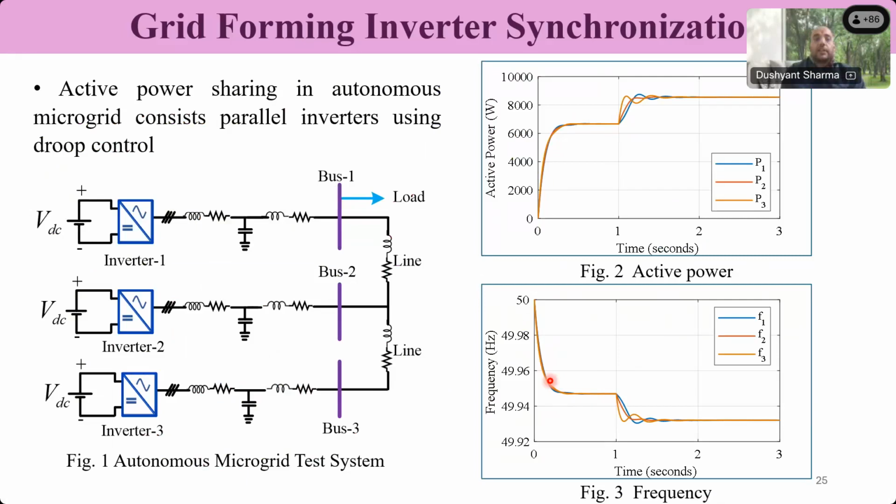That is where the grid forming synchronization is required. That means in grid forming mode we have to synchronize so that first the voltages are matched, frequencies are matched, and then the power starts to inject by the fourth source. That is the key objective in the grid forming synchronization.